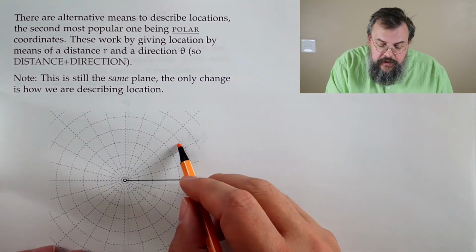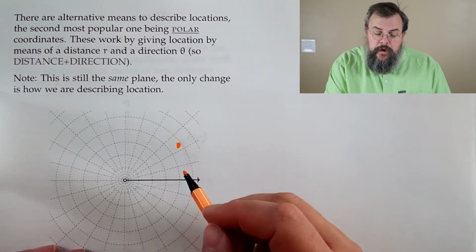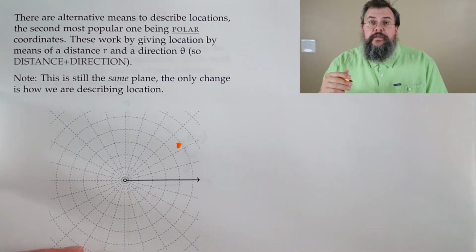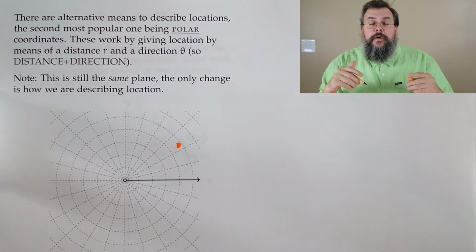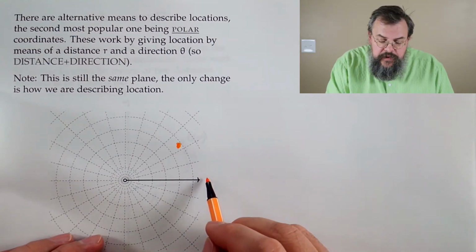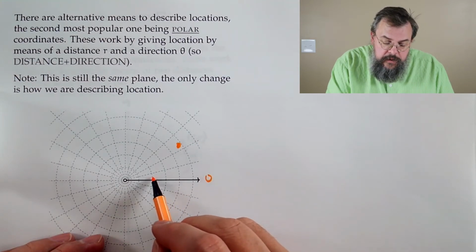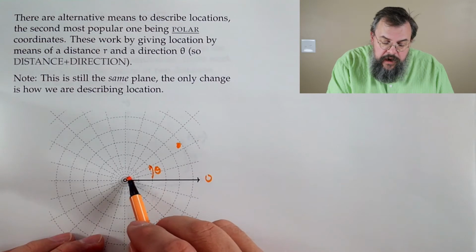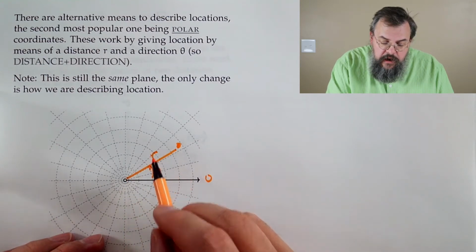Maybe our point's over here. We have to talk about our direction. So we have a fixed direction, the equivalent of the positive x-axis, and we call that 0. Then we rotate some angle theta, and then we go out some distance r.